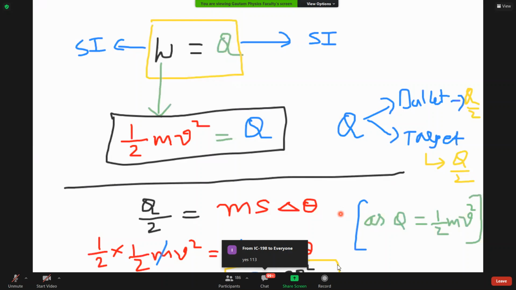So the final formula is delta theta is v square by 4s. Some students were not here yesterday, so you may feel difficulty with this one.